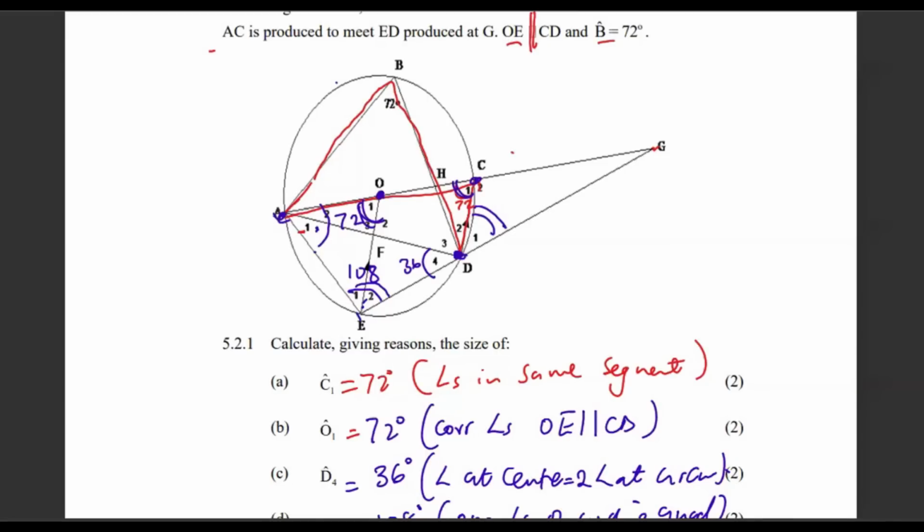You don't know the size of E2, D2. So how are these parallel lines going to help us? Because I'm not seeing any sort of help with the parallel lines.